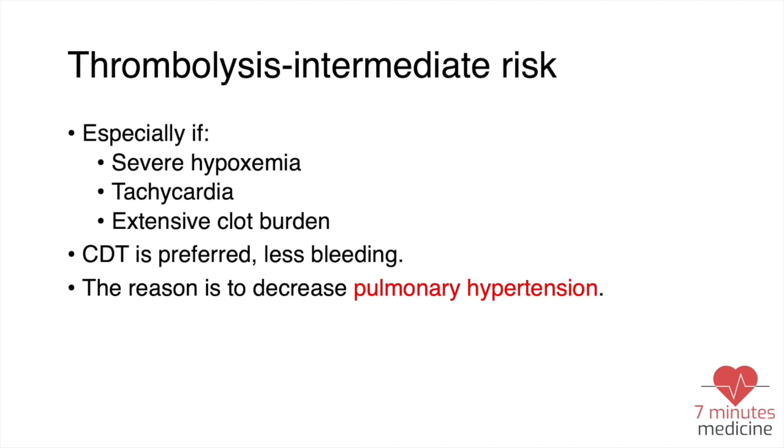Because if the clot stays, in the future, those patients may have a risk of developing CTEPH, chronic thromboembolic pulmonary hypertension. To prevent that from happening, we have to do catheter-mediated thrombolysis.